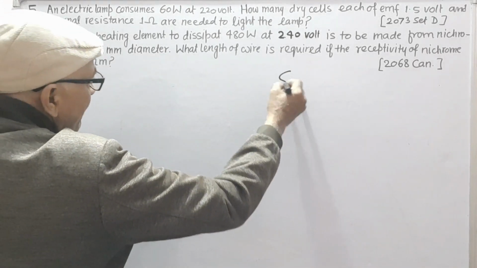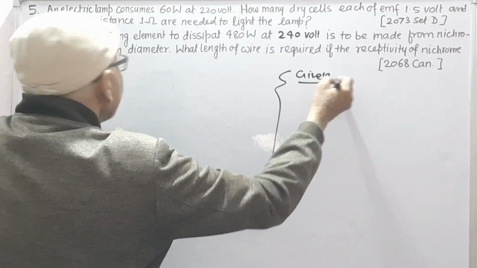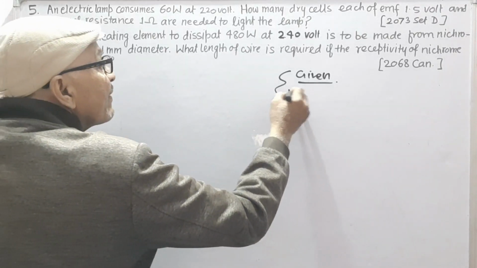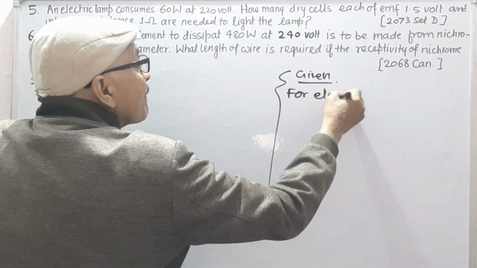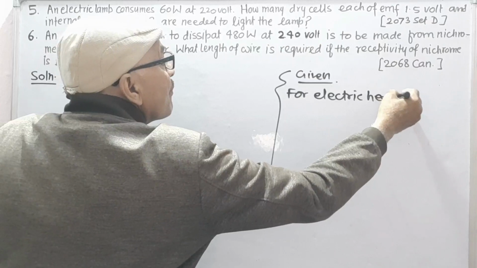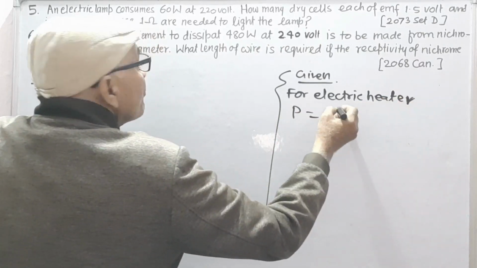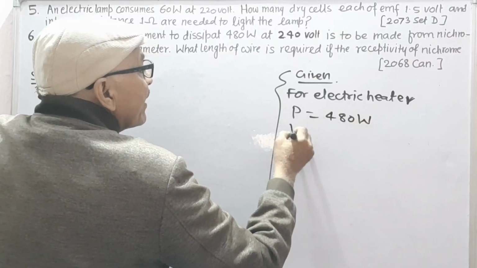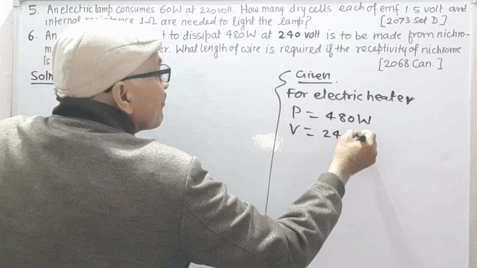Solution to question 6, given for the electric heater, power is given to be 480 watt at voltage 240 volt.